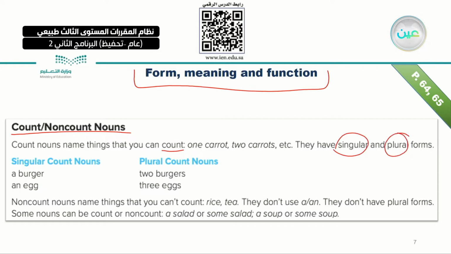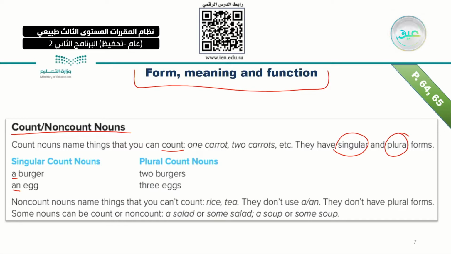Look, a burger, an egg. We used a and an here, while we can also use 2 burgers and 3 eggs. So we used singular and plural forms.